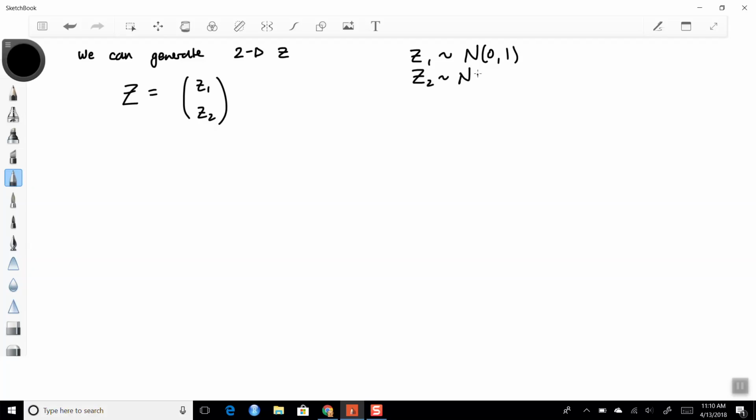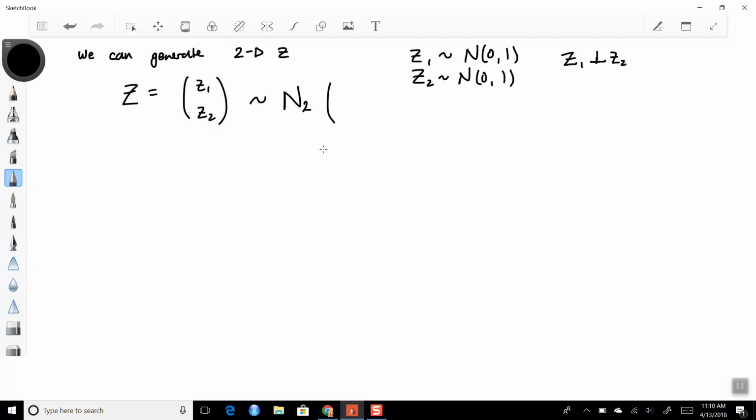Z2 comes from normal 0, 1. Okay, and if we sample Z1 coming from the standard normal and Z2 coming from the standard normal, then that would make Z1 independent of Z2, right? And so Z, if we stick Z1 and Z2 together, would come from a bivariate normal.